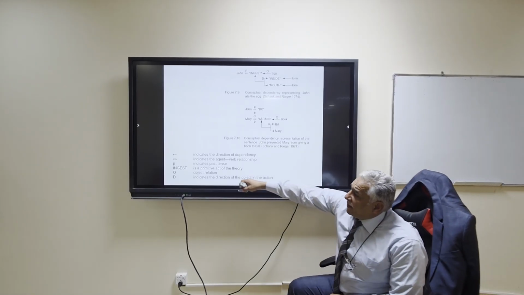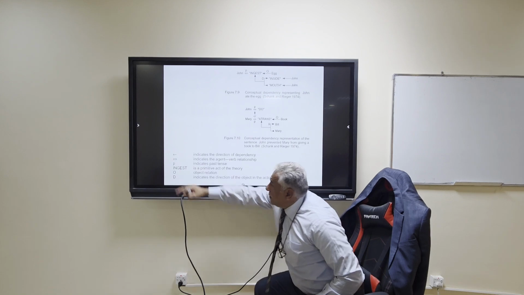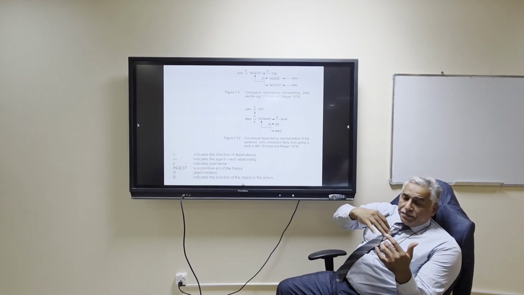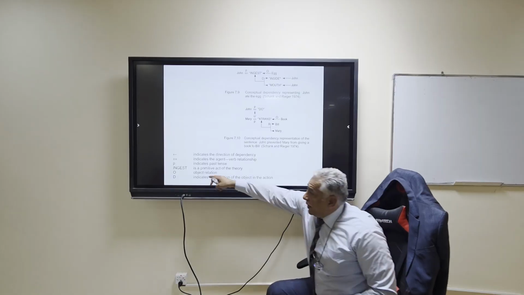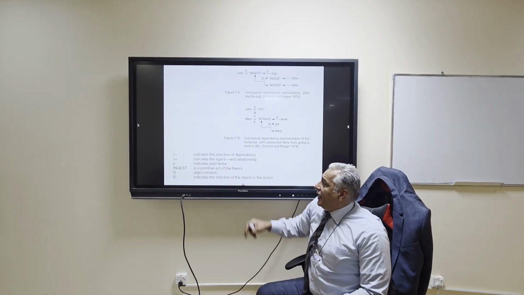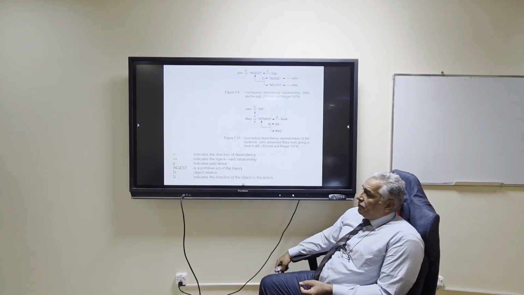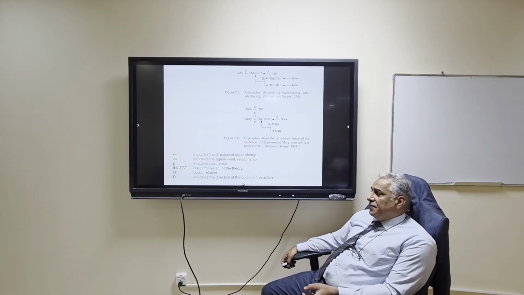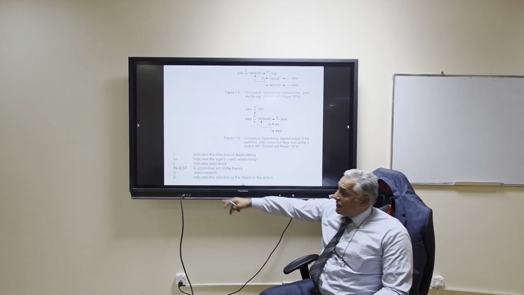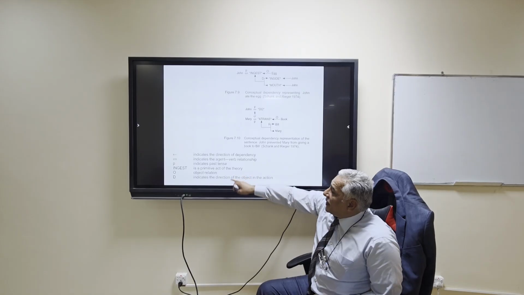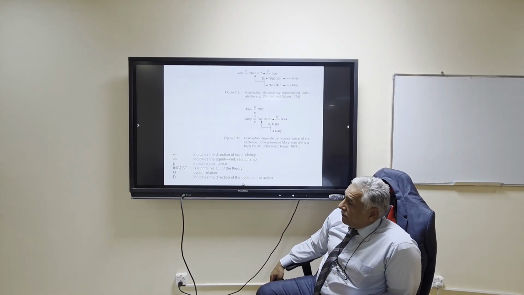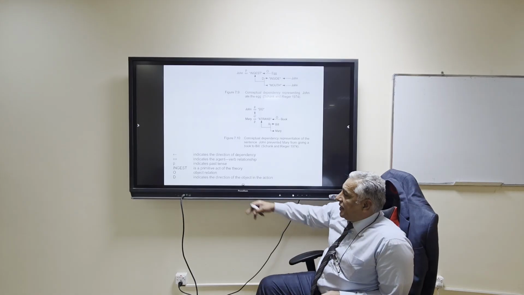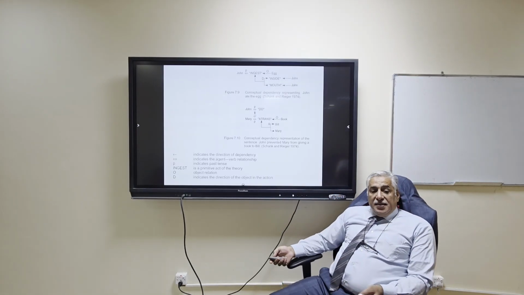Now, this figure indicates the direction of the dependency, and the arrow indicates the agent-verb relationship, and P indicates the past tense, and ATRANS is the primitive act of the theory, and O indicates object relations, and D indicates the direction of the object and the action.